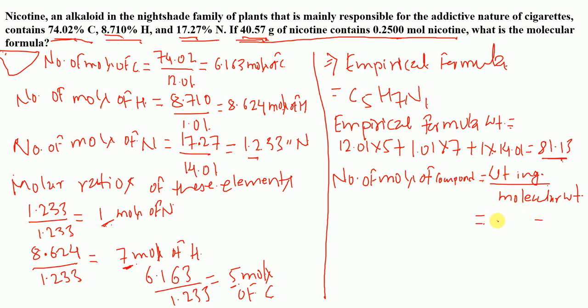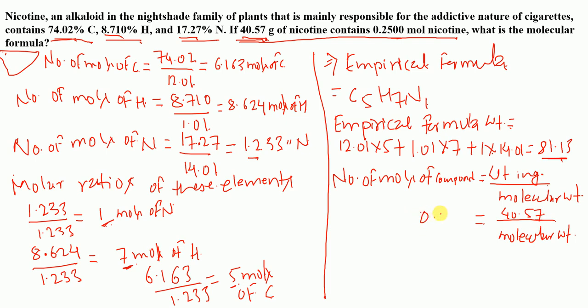So we will write 40.57. We don't know the molecular weight of nicotine, but we know the number of moles. The number of moles is 0.25.